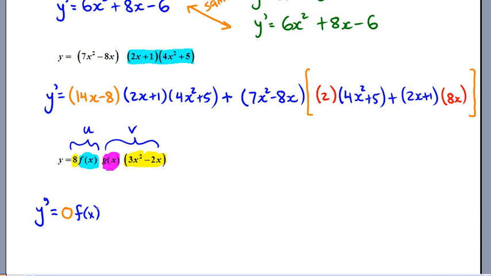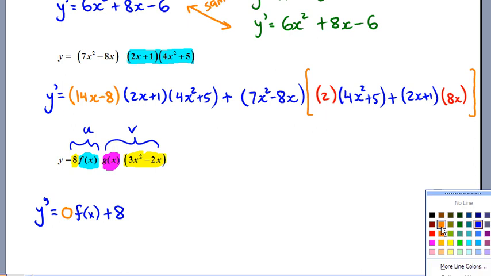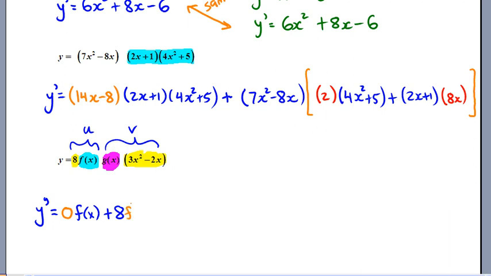Well, that's nothing. And then plus, leave the 8 multiplied by the derivative of f. Well, I don't know what f is, so I'll just tell people, hey, you need to do a derivative. By the way, I could have saved myself a little bit of time if I had done that as a constant product rule, but whatever.